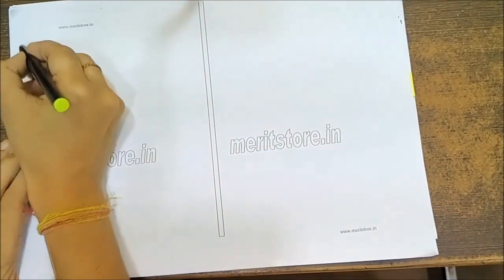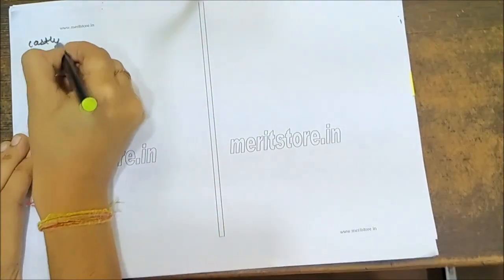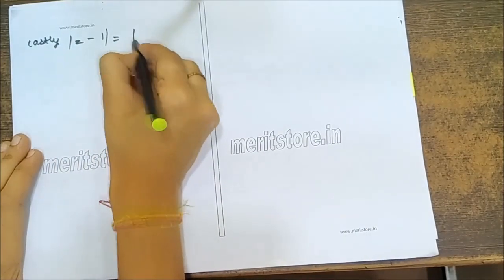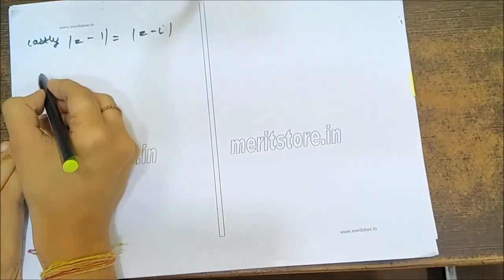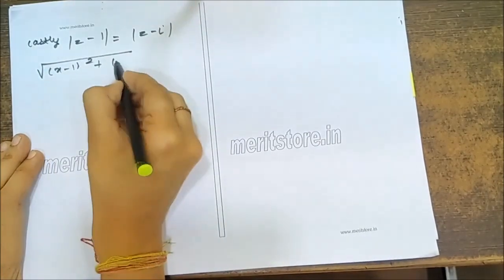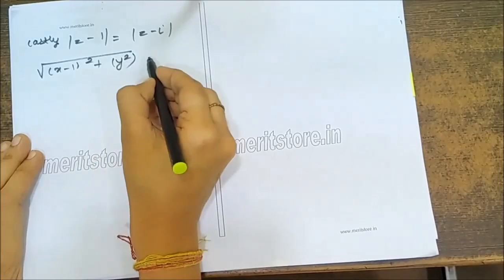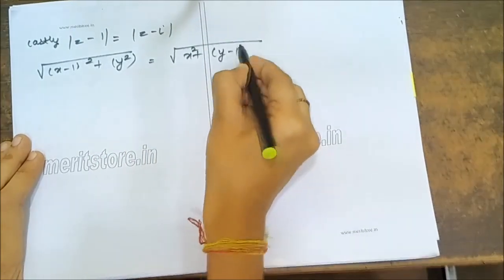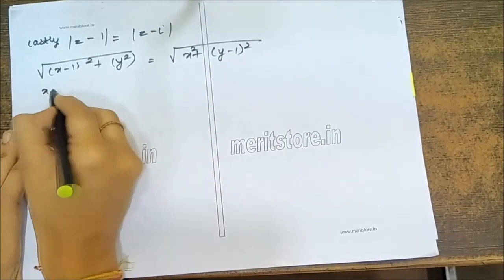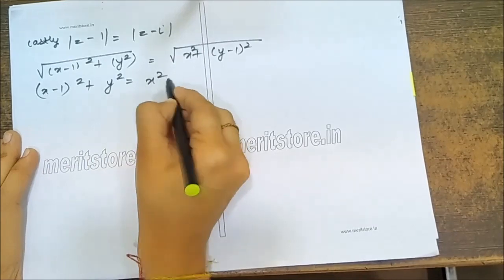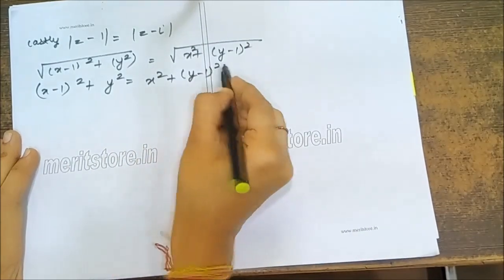Lastly, modulus of z minus 1 is equal to modulus of z minus i. So root of x minus 1 the whole square plus y square is equal to root of x square plus y minus 1 the whole square. So x minus 1 the whole square plus y square is equal to x square plus y minus 1 the whole square.